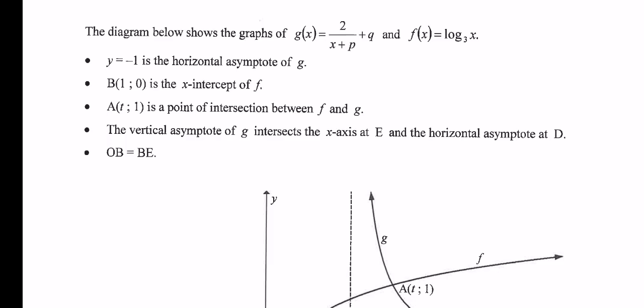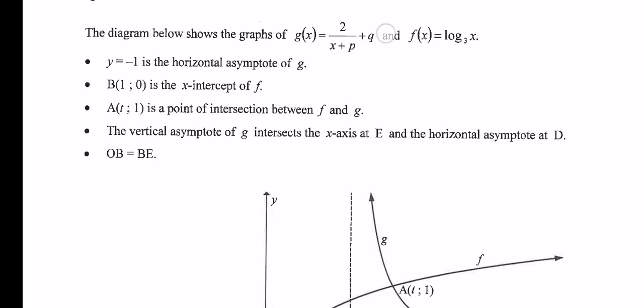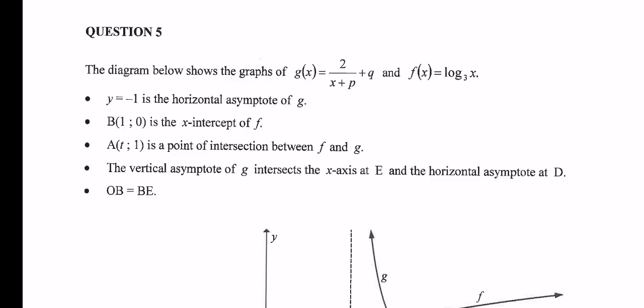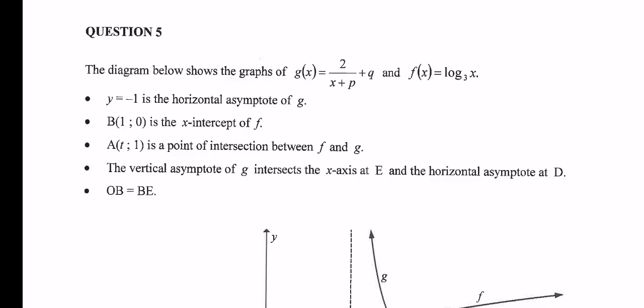Without any waste of time, the horizontal asymptote gives us the value of q. So already we have the value of q. In other words, g of x equals 2 over x plus p minus 1. Take note of that.